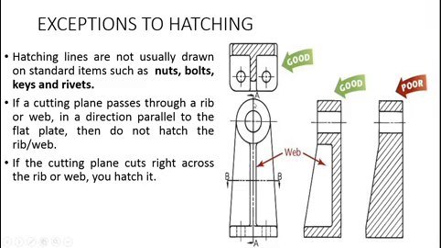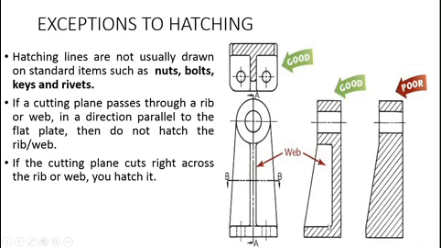So for example, here we have section AA. You can see it starts here at the top, going all the way down, passing through the web, and ending up here at the bottom. Remember, we do not section this part. Where the rib starts, you're not going to section it.